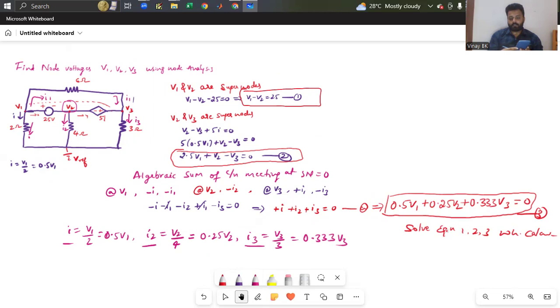And the third equation is 0.5 V1 plus 0.25 V2 plus 0.333 V3 equals 0.